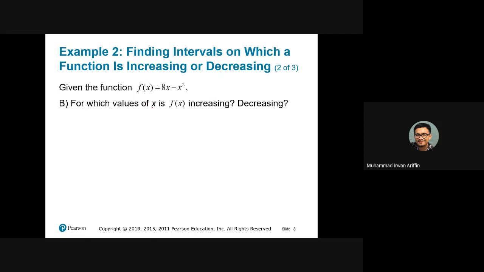For which values of x is the function increasing, and for which values would the function be decreasing? We are still dealing with the same function. Now, how do we do this?